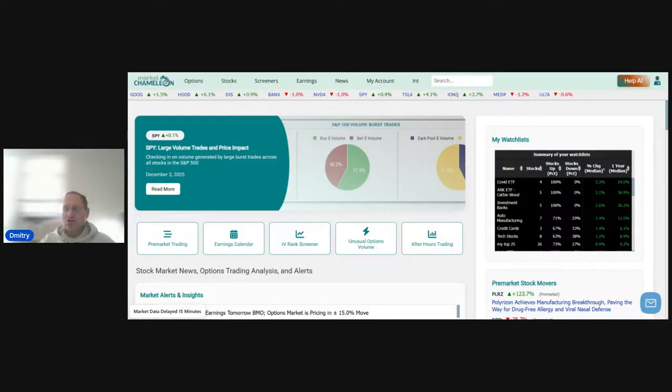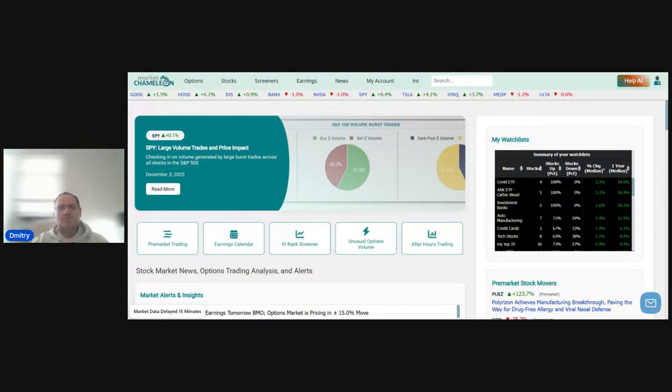Just like with single leg trades, your first intuition is, where are some of the high volume trades? What are some of the biggest trades? What are people looking at? What are they showing interest in? What type of insights can we gain?